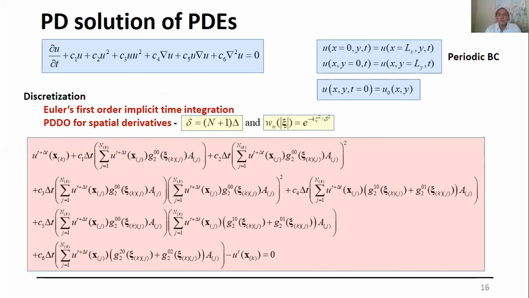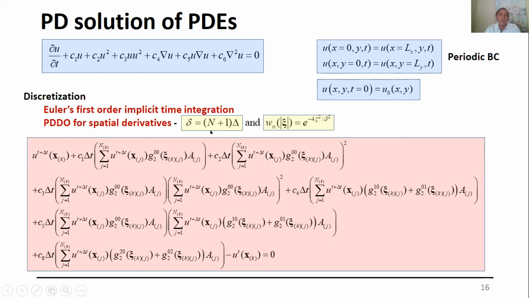So I just want to give you a summary of what I'm going to do next. Basically, I'm going to construct the solution of various partial differential equations by using the peridynamic differential operator. So it's time dependent. And in time, we have first order implicit time integration. In space, we have the peridynamic differential operator.